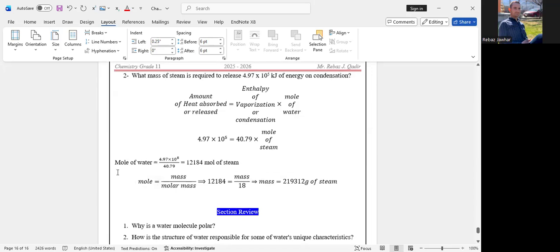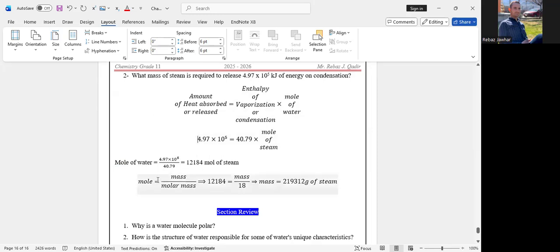Because steam is water in the gas state, the mole of water equals 4.97 times 10 to the power 5 divided by 40.79. Mole equals 12,184 moles of steam.